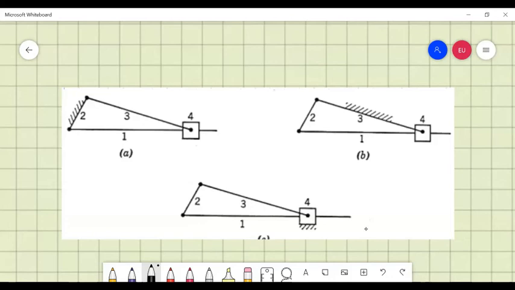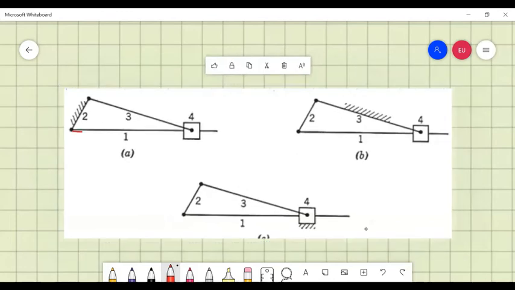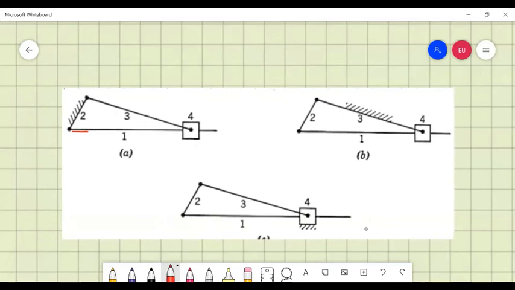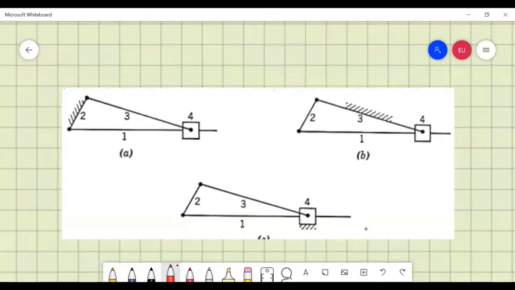Why in A? Because link 1 can change its magnitude and also its orientation, right? Link 1 will demand a vector that will go from this point to this point, probably.